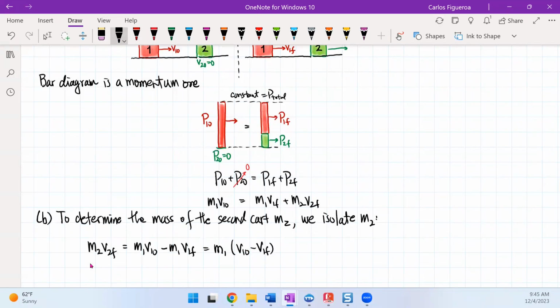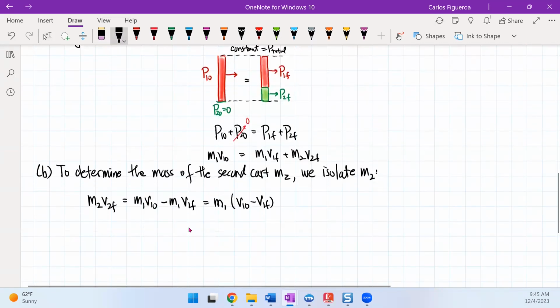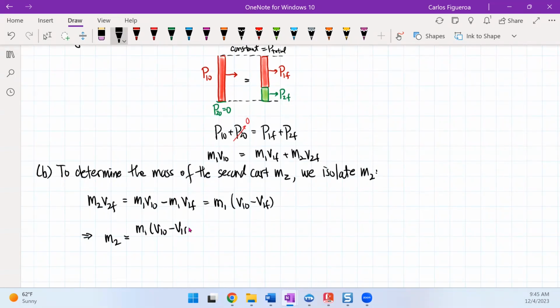And now I can divide. So in other words, if I now isolate M2, M2 is then going to read M1 times the quantity V1 initial minus V1 final, divided by V2 final. So then the numbers given in the problem read something like this.